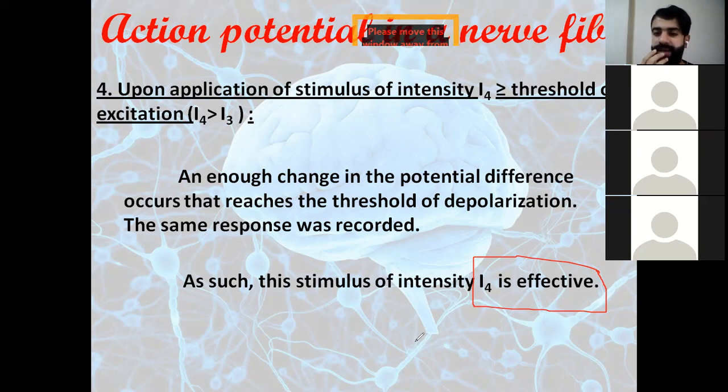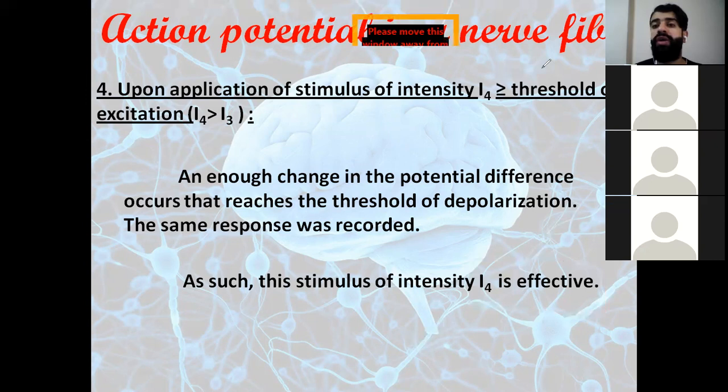Because it's the first to reach the threshold. The threshold of excitation, Selena, is the first stimulation that causes an action potential. We call it threshold of excitation. So you have to keep it in your mind: always the first stimulus that causes an action potential is going to be the threshold of excitation. The first one we always call the threshold.